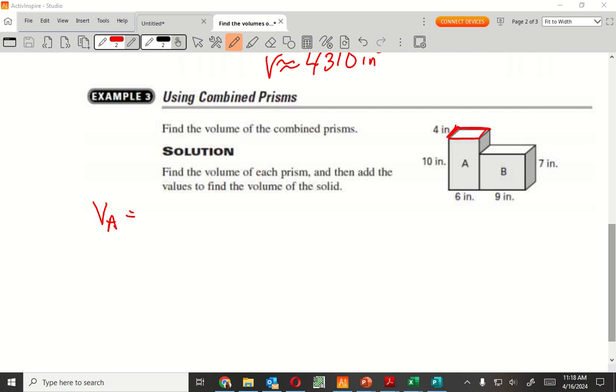It's going to be 6 because it's 6 from here to here, 6 here to here, 6 here to here. So 4 times 6 in this case is going to be 24, right? Times the height of my shape, 10. So my volume of A is going to be 240 inches cubed.